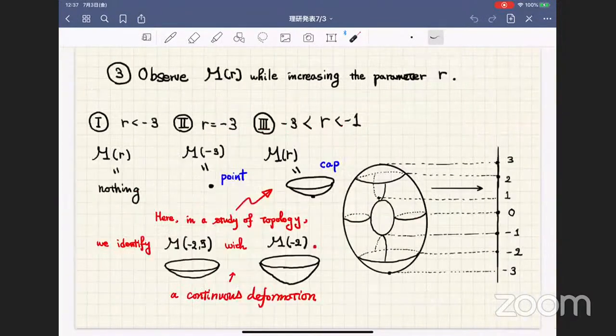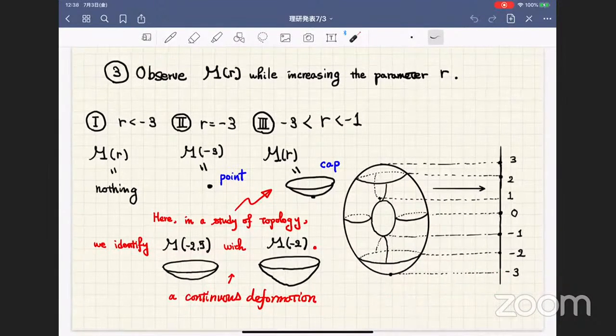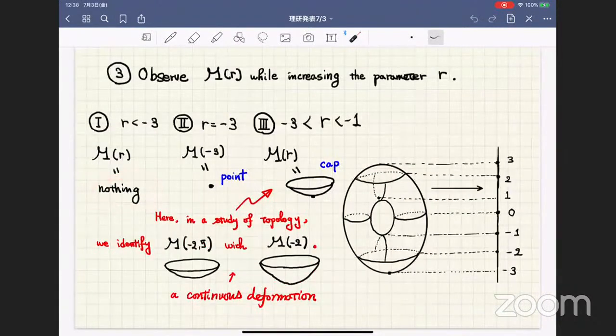For the third step, we observe this sequence of subspaces while increasing the parameter r. Suppose that r is smaller than -3; then we have nothing, so M_r is empty. If r is equal to -3, we have just a point, like this. When r is greater than -3 and smaller than -1, then we have this shape, this cap.